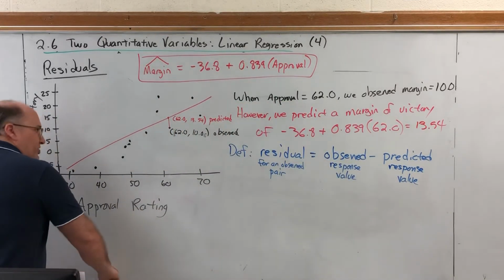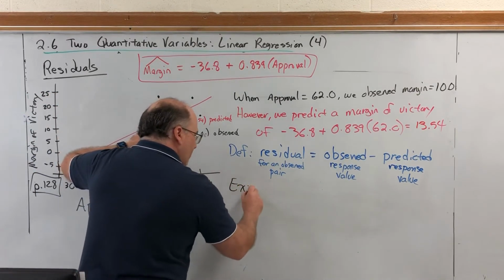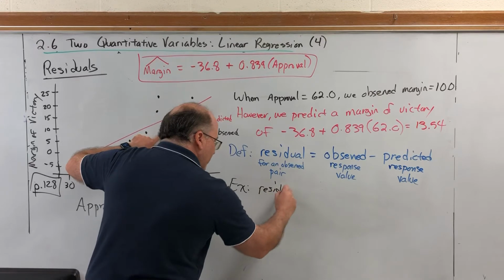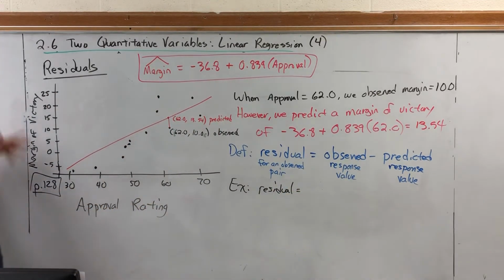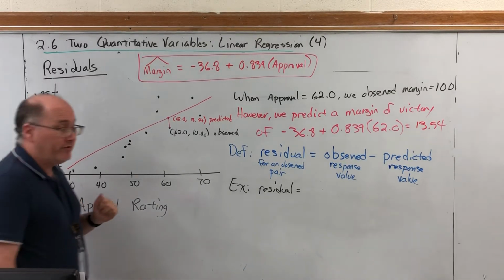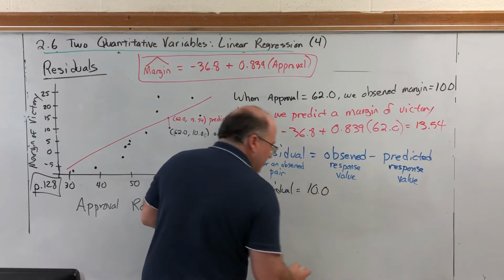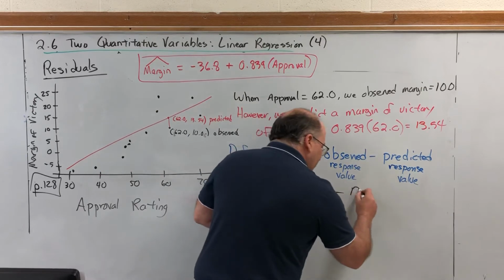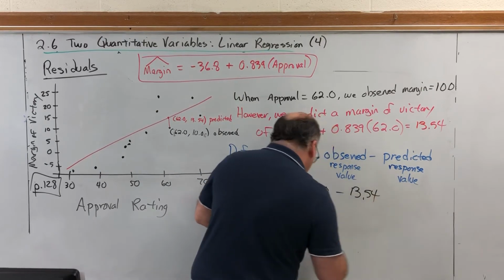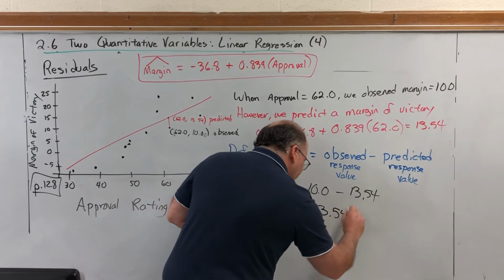So what would the residual be for this point here? Well, all we have to do is subtract the margin of victory that we observed minus the margin of victory that we would have predicted with the equation. We observed a margin of victory of 10.0, but we predicted a margin of victory of 13.54, and when you subtract those, you get negative 3.54.